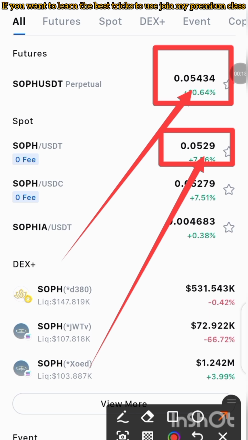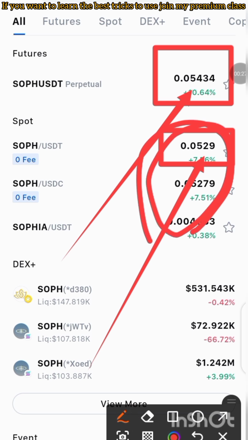So what is actually going on here is that this particular spot is the one that determines the move of this one here.